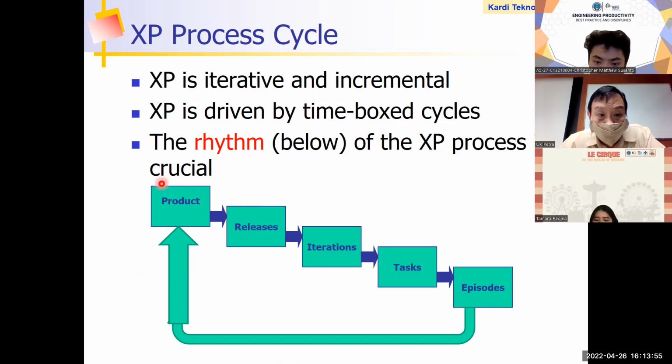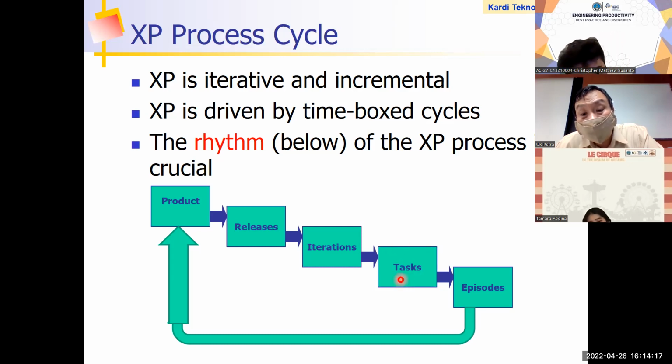Say you have a product. One product consists of many releases. The jargon first, so you start to understand. Every release consists of many iterations. Every iteration consists of many tasks, and every task consists of many episodes.